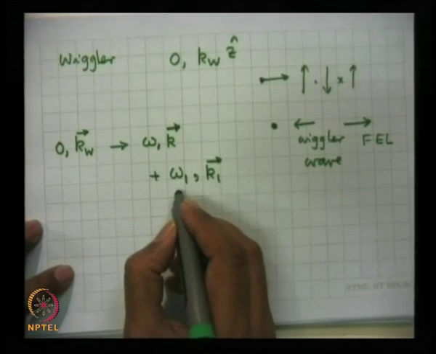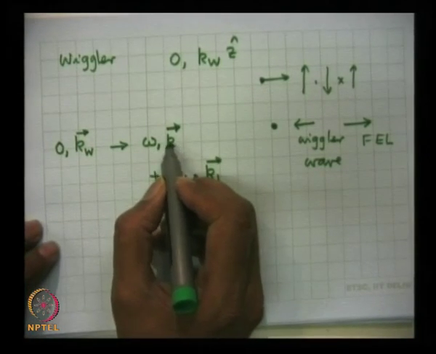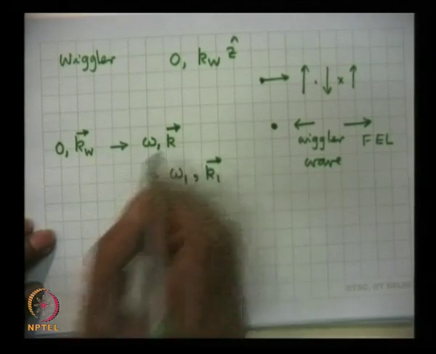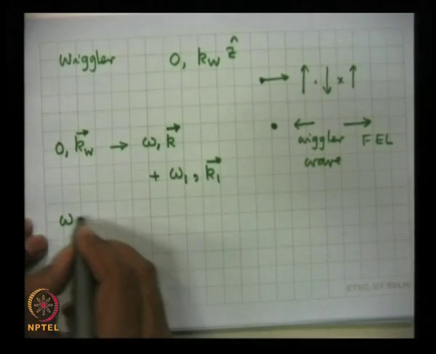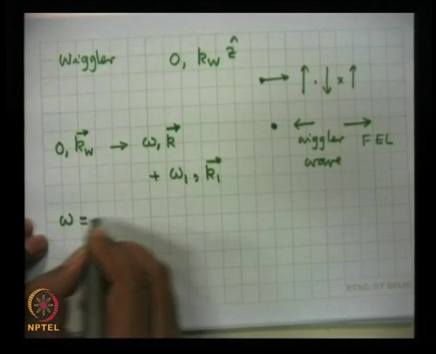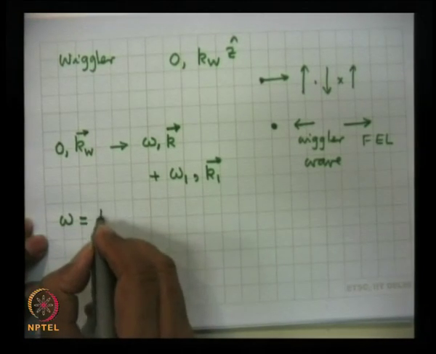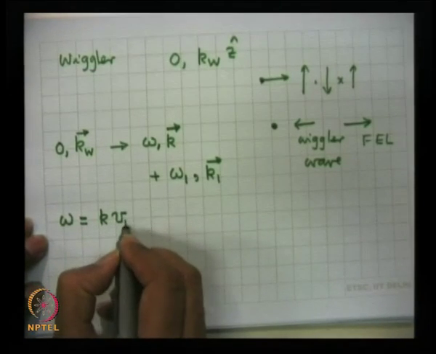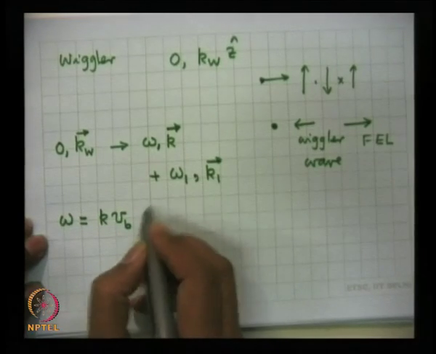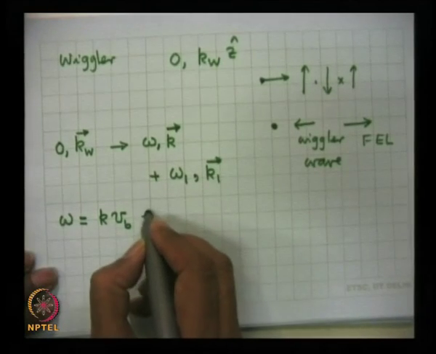This is my radiation mode, this is my space charge beam mode. And the beam space charge mode is something like that. This is equal to typically k V beam plus minus omega p.